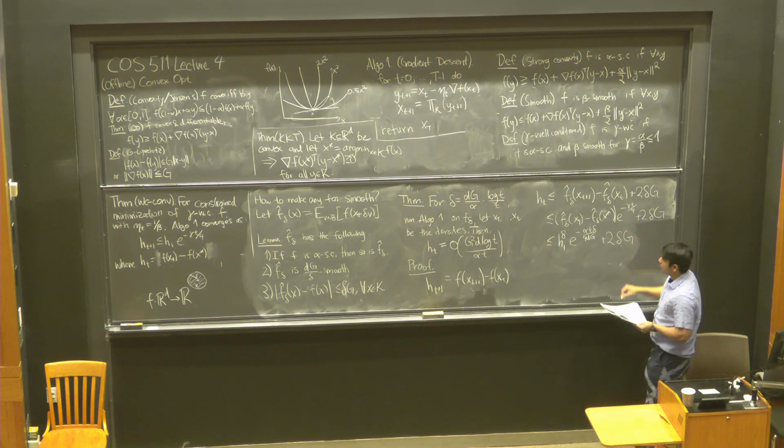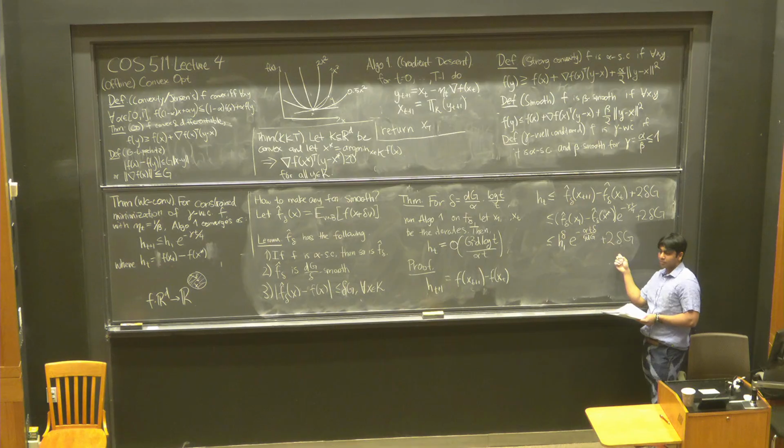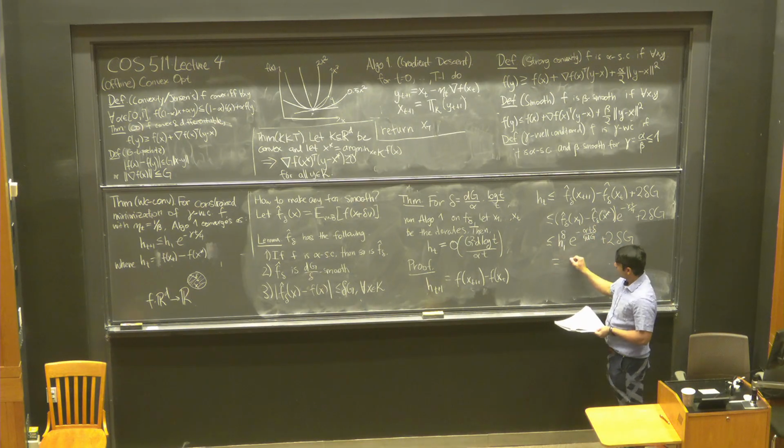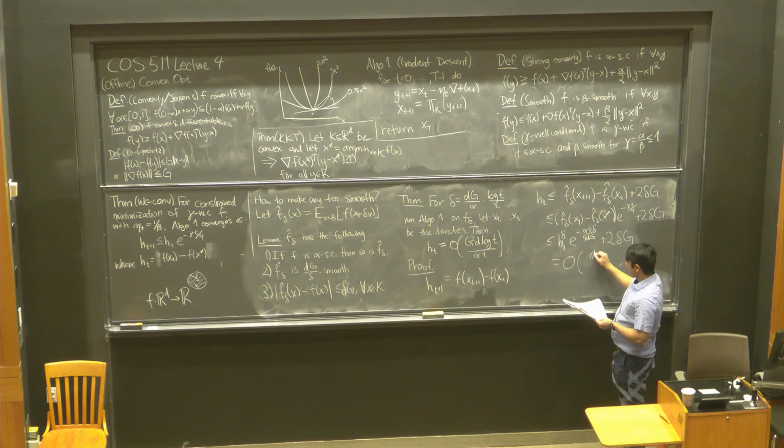The only free parameter in this equation is delta. We have no other free parameters, and I guarantee you that this choice of delta will give you O of d g squared log t over alpha t.